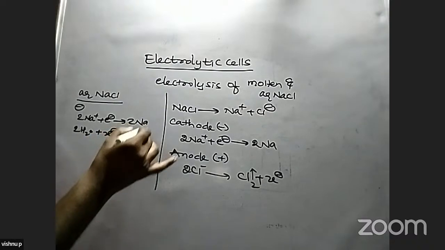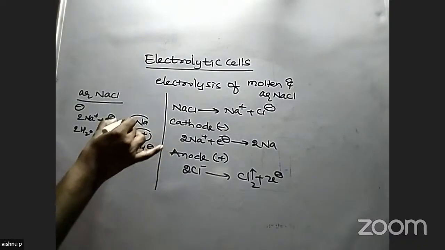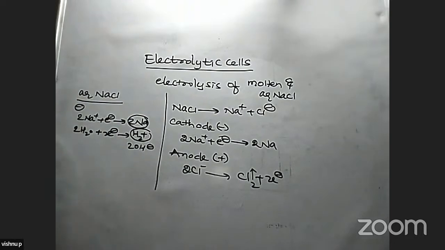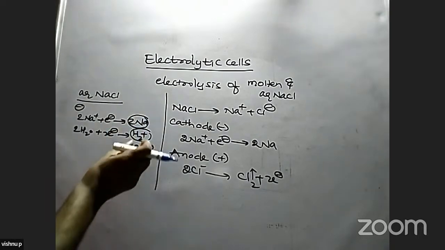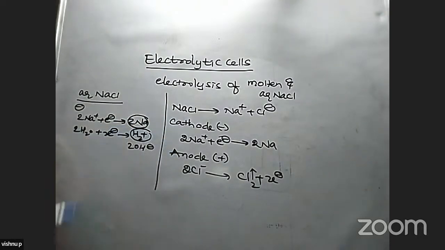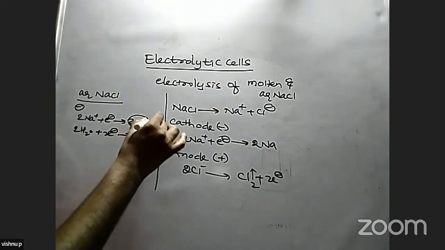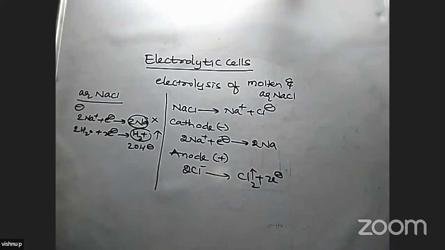The reduction potential of hydrogen is more compared to sodium, or hydrogen is below sodium in the electrochemical series. So compared to sodium, water shows more tendency to accept electrons. So instead of sodium, hydrogen is evolved at the cathode. And in the same way, what reaction takes place at the anode?